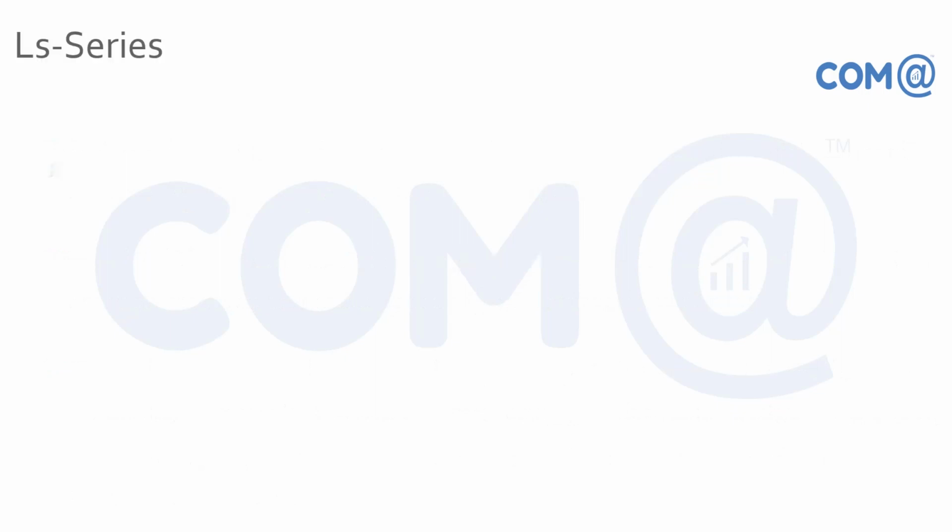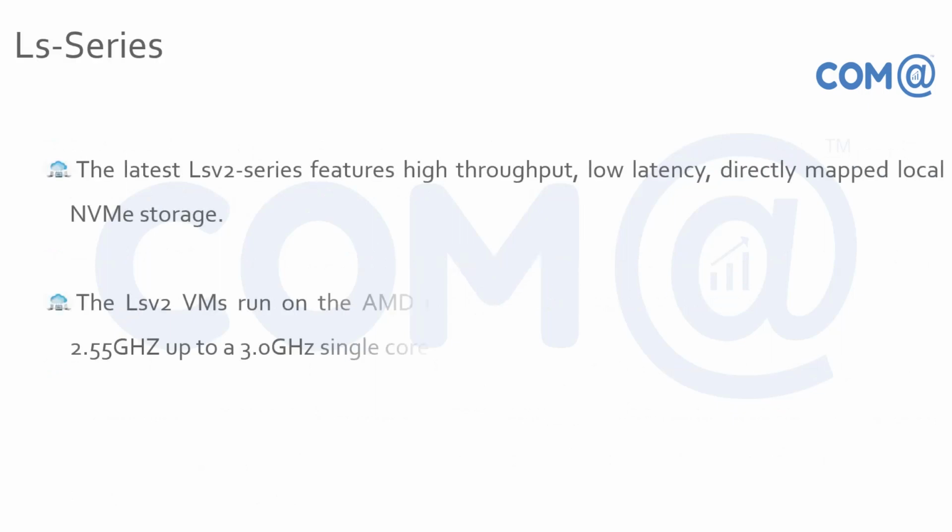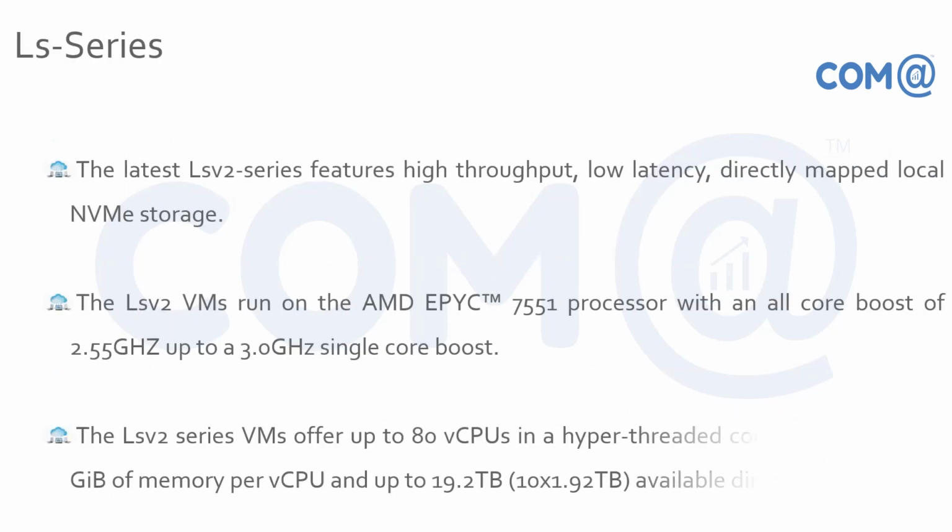And the LS series. The latest Lsv2 series features high throughput, low latency, directly mapped local NVMe storage. The Lsv2 VMs run on the AMD EPYC 7551 processor with an all-core boost of 2.55 GHz and up to 3.0 GHz single-core boost.